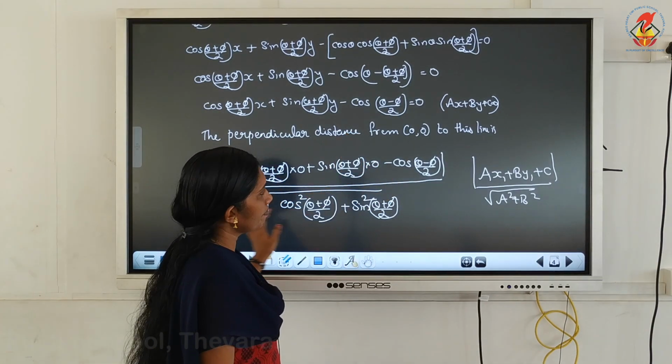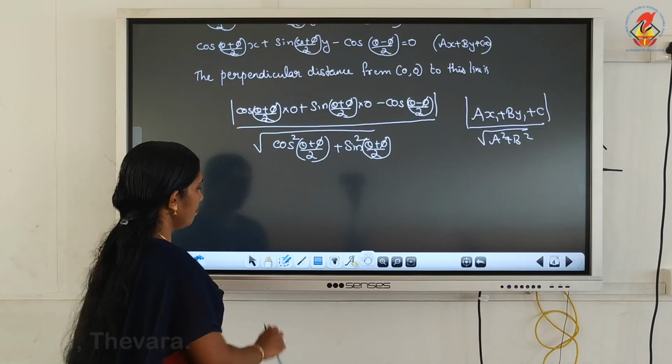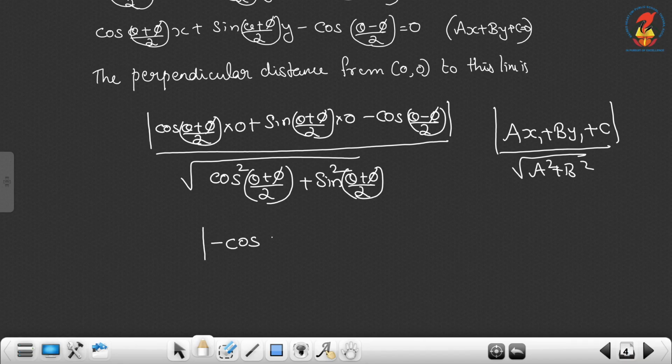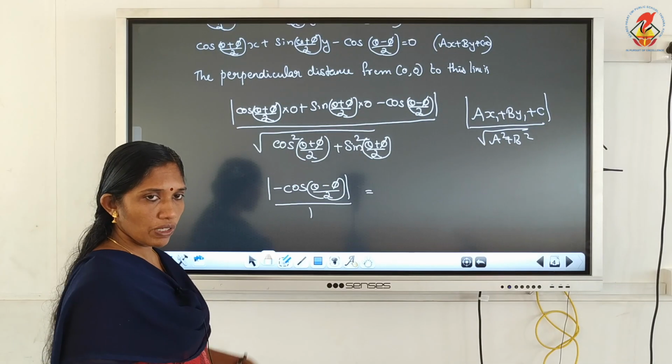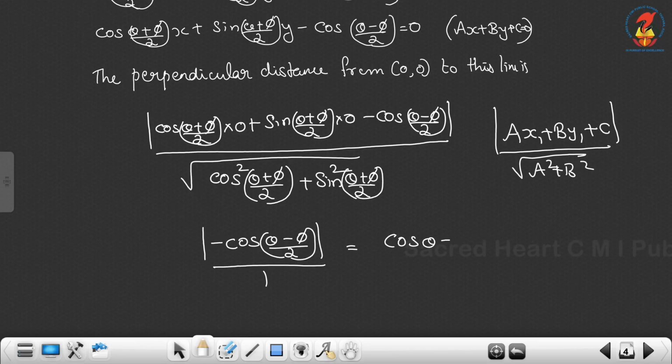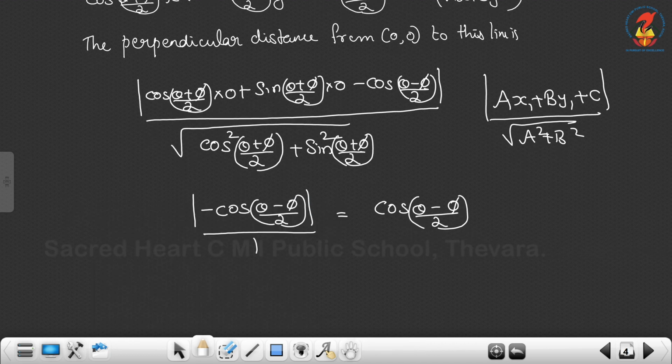So what we get? Minus of cos (theta minus phi/2) by 1. Or we can neglect this minus sign. Modulus means you will get a positive value, or we can write as (theta minus phi)/2. Modulus you have to put because we don't know the values of theta and phi. Okay.